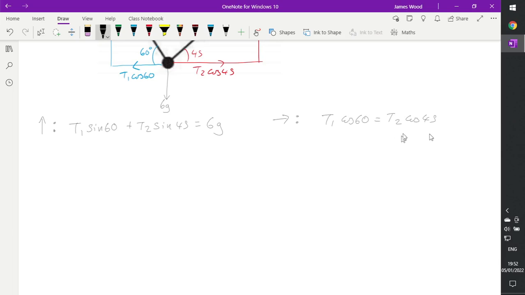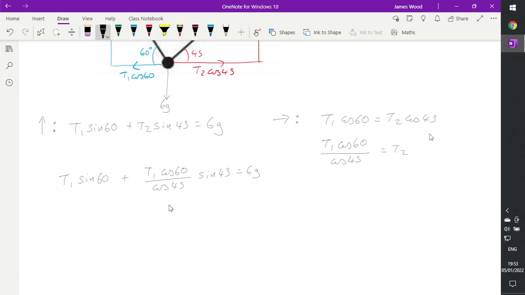So I'm going to rearrange this to give me T2 equals something. So T1 cos 60 divided by cos 45 equals T2. And I'm going to put that into here. So I've got T1 sine 60 plus, instead of T2, I can write T1 cos 60 over cos 45 times sine 45 equals 6g.